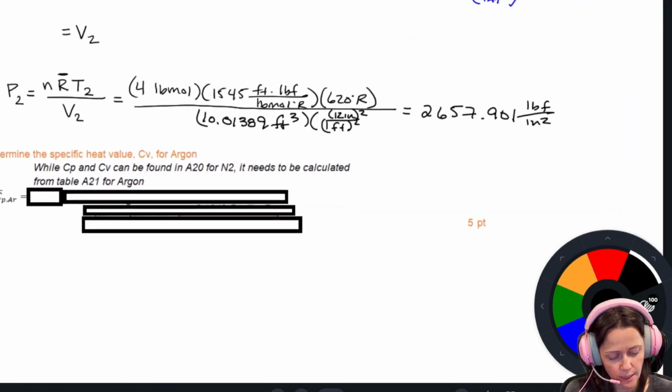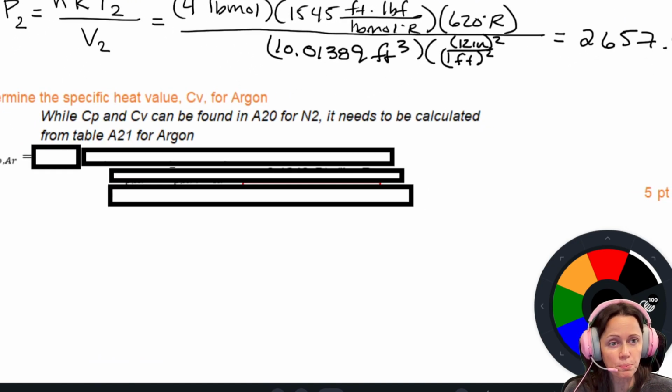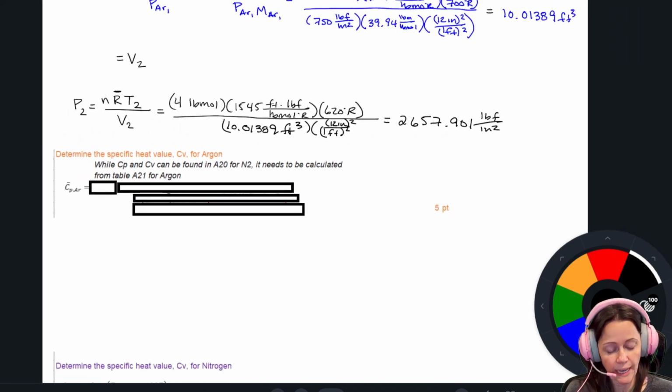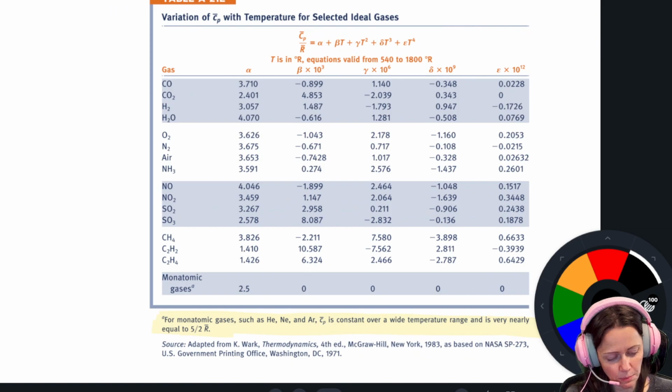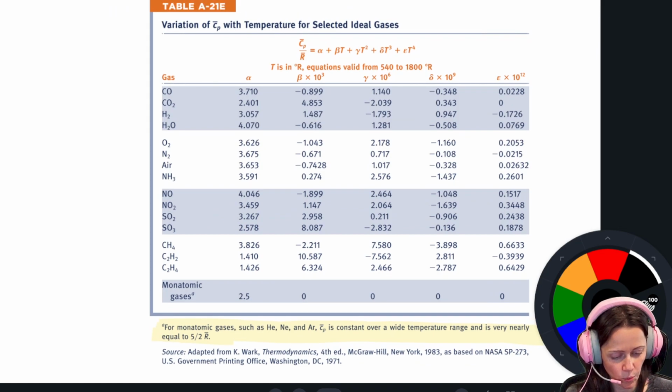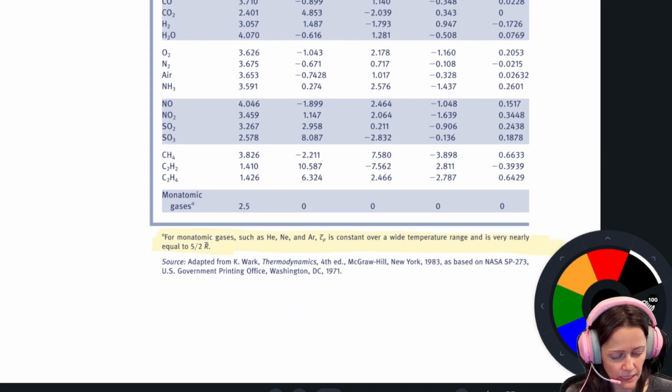All right, so next part was figuring out what the specific heat of our argon was. And if you look in table A20, you notice that argon is not there, and so it's kind of hidden. So I've got it pulled up right here. This is table A21, and there's this tiny little bit of text down here.